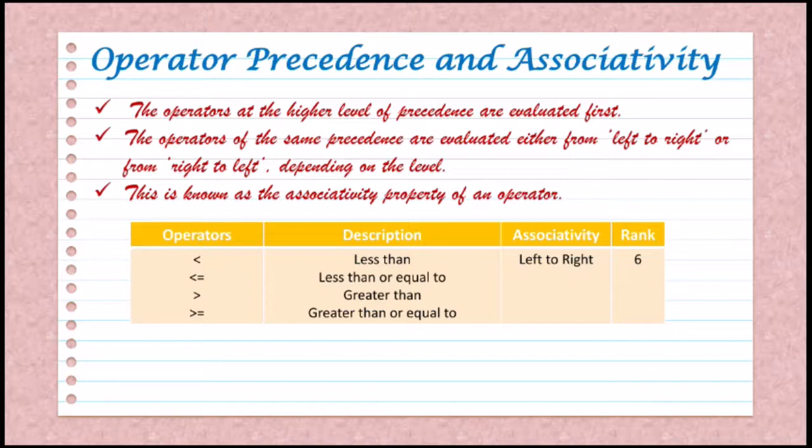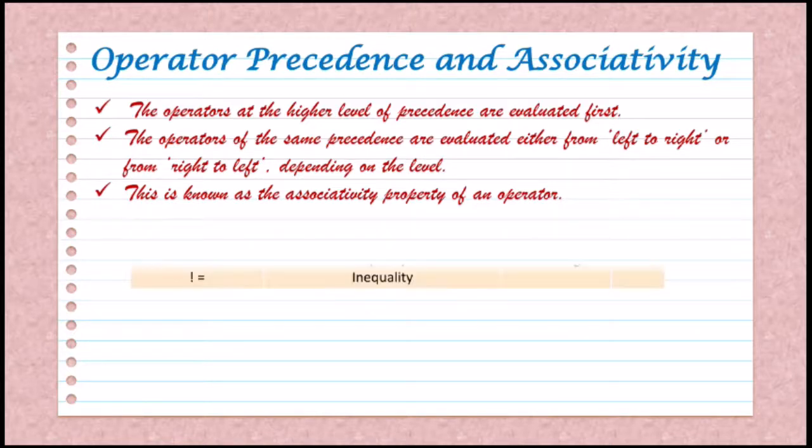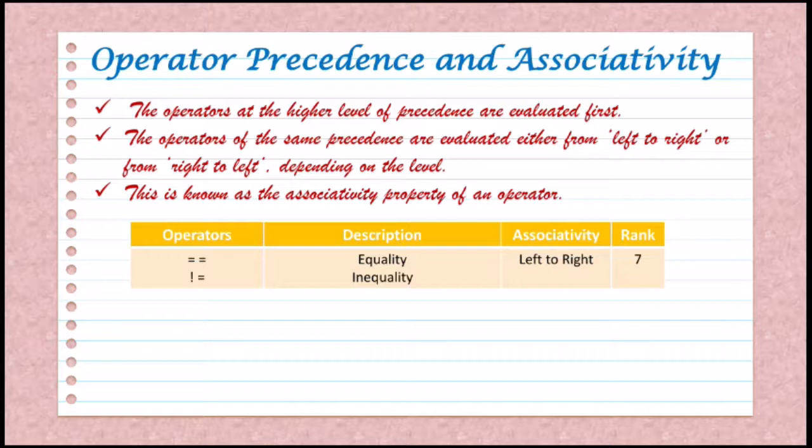The sixth rank is given to less than, less than or equal to, greater than and greater than or equal to symbols, and these operators will also execute from left to right and it has sixth rank. Next one is equality and inequality, and it has seventh rank and they also work from left to right.